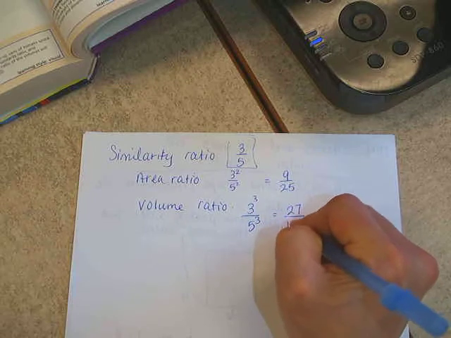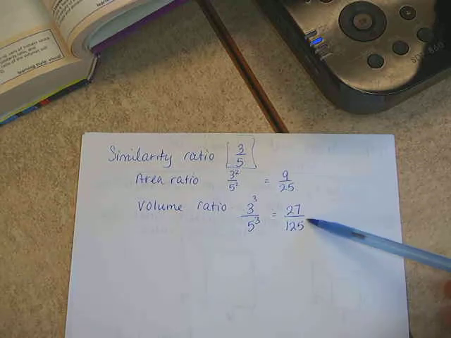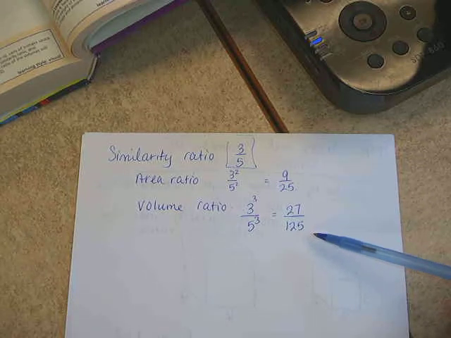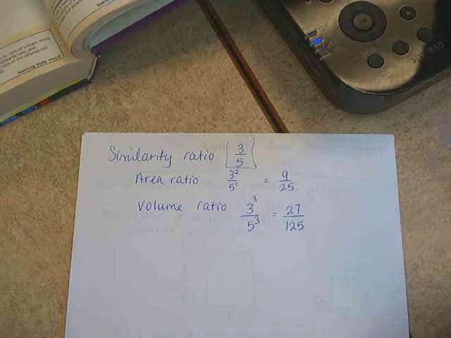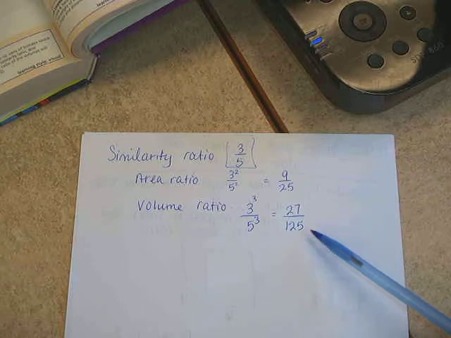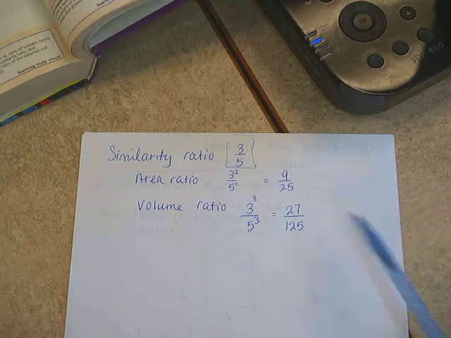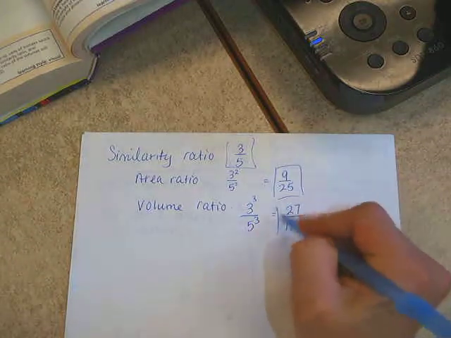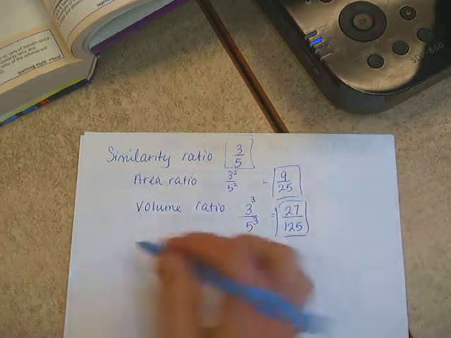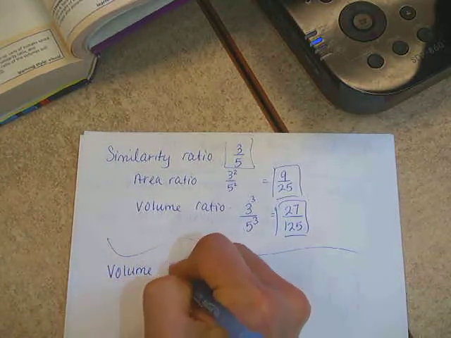Volume ratio would be 3 cubed over 5 cubed, which would be 27 over 125. Okay. And these look big enough sometimes that it might seem like they should simplify, but if this is simplified, then that is as well. If you're squaring or cubing a simplified fraction, then you're not going to have to simplify it at the end.